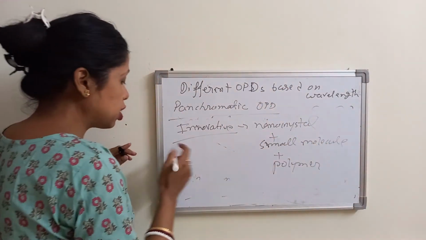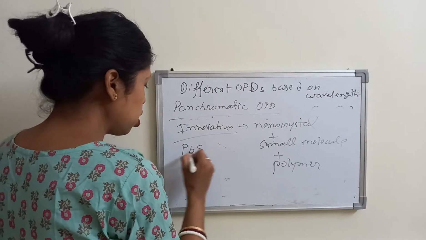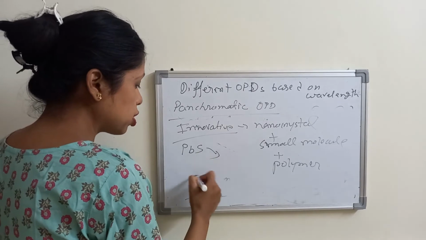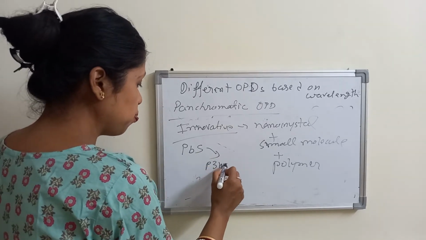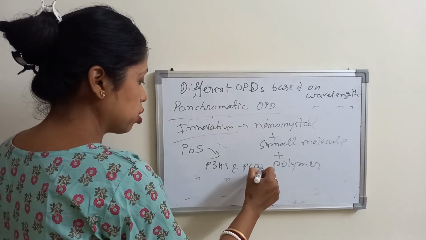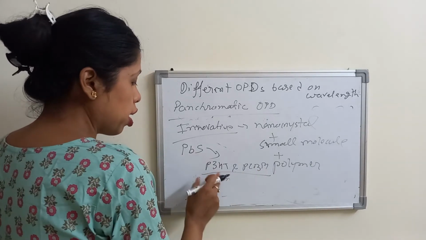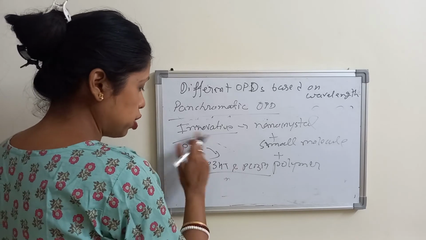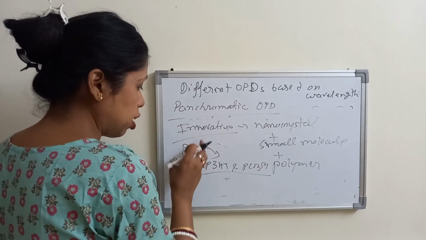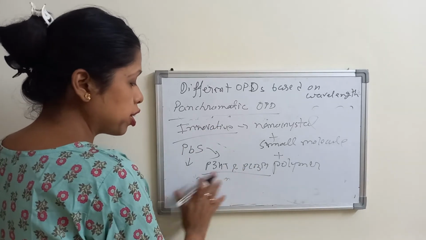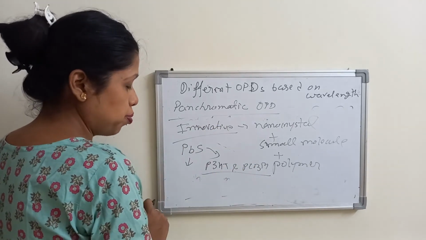One material is lead sulfide, a nanocrystal that was mixed with P3HT and PCBM.